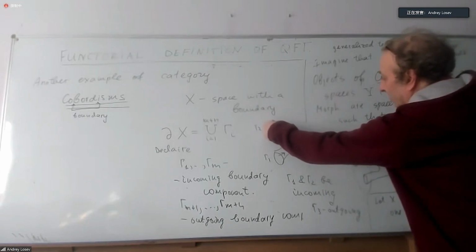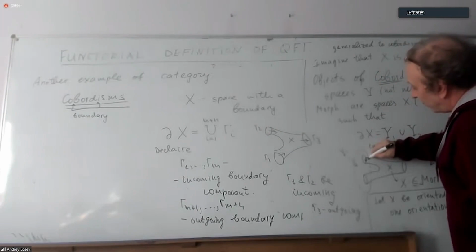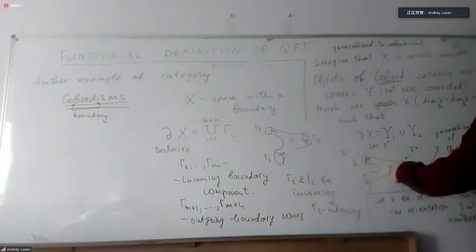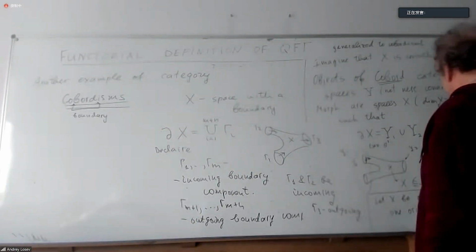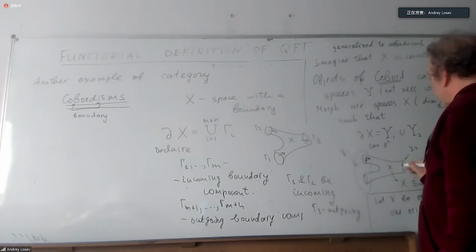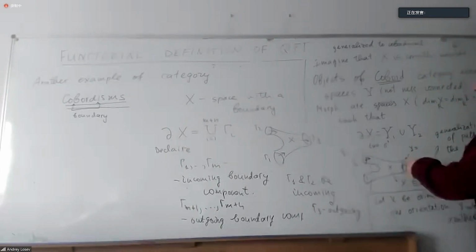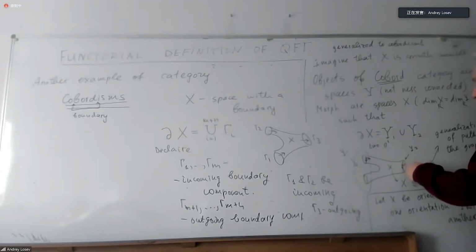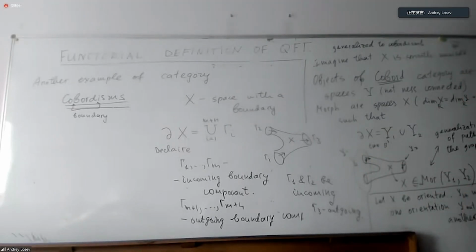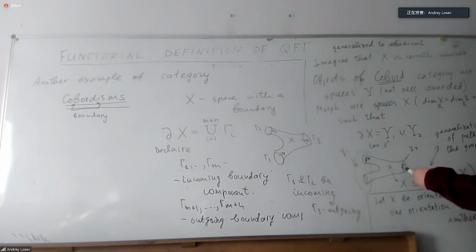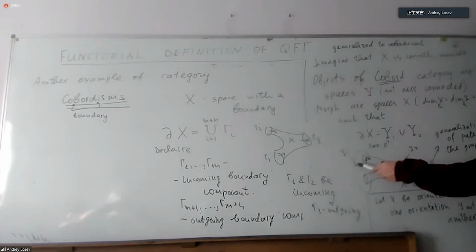When I draw an arrow like this, I can form a basis in the tangent space to a point in X. And when I draw an arrow in this direction, the orientation on Y2 together with this arrow gives a situation that is a bit different. So if you consider induced orientations, then the induced orientations on Y are opposite.